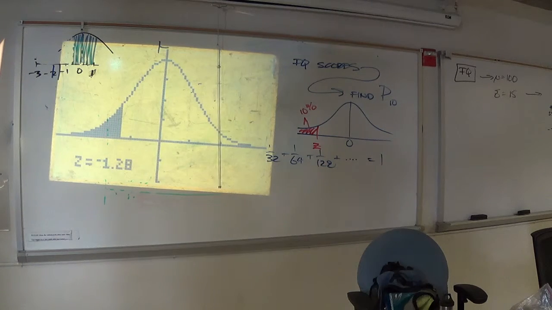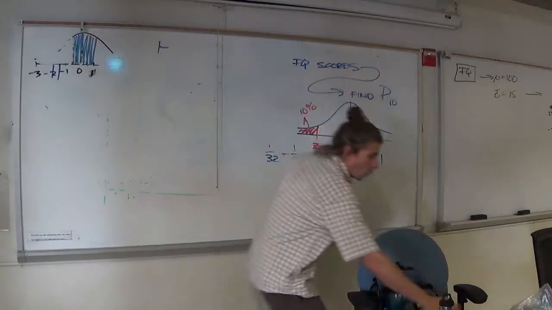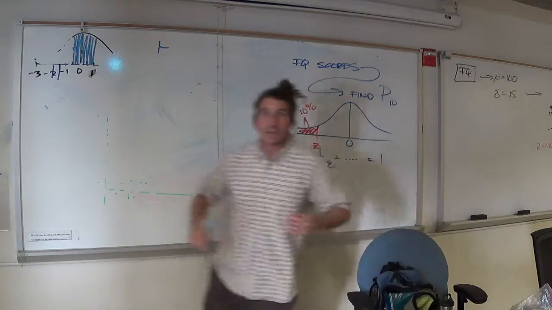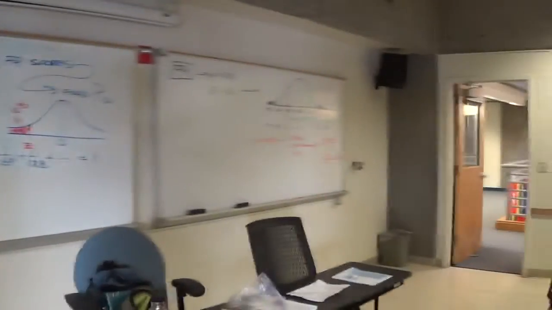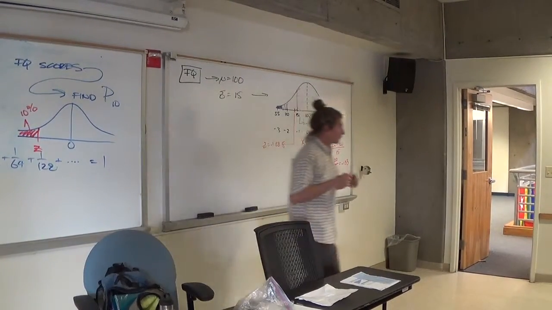So hold that thought. We'll finish it up in 2 minutes here. We now know the location of the z-score, which means we're now over here at negative z is negative 1.28. We've got to convert that back now.